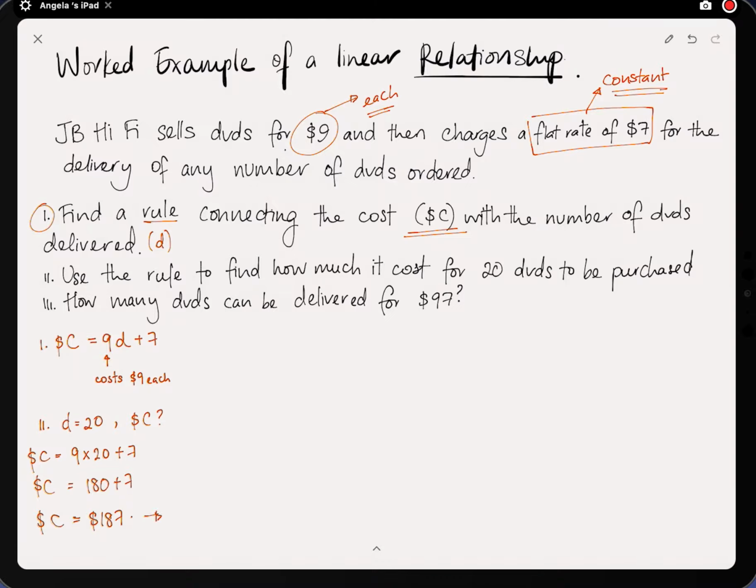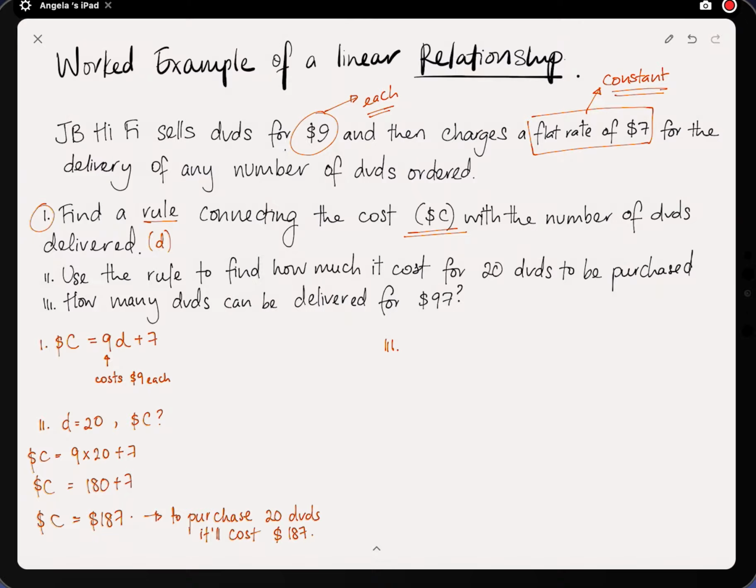Now, because the question is asked to me in words, I'm going to write my response in words. So to purchase 20 DVDs cost $187.